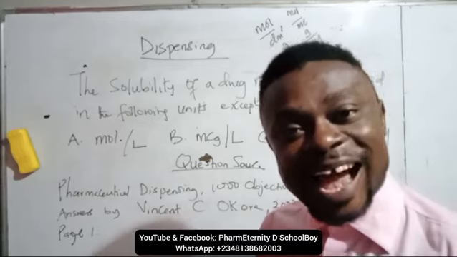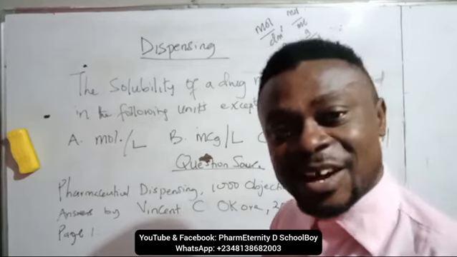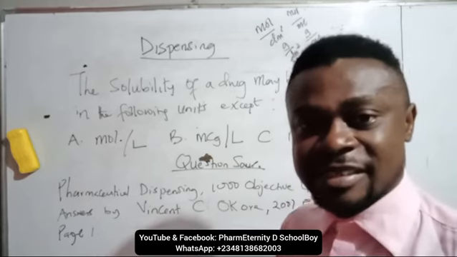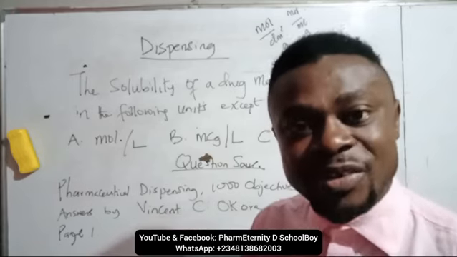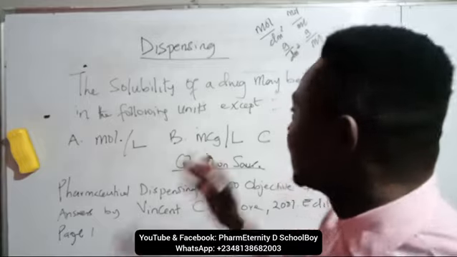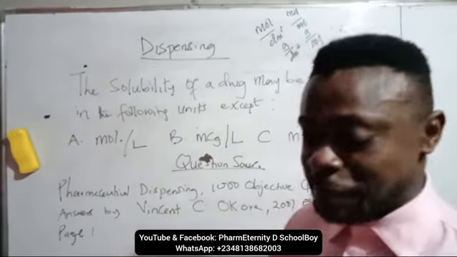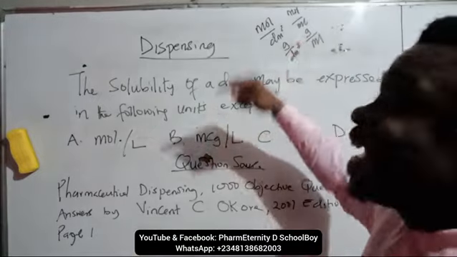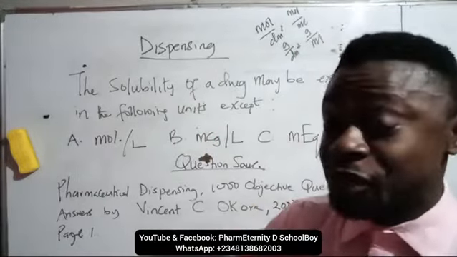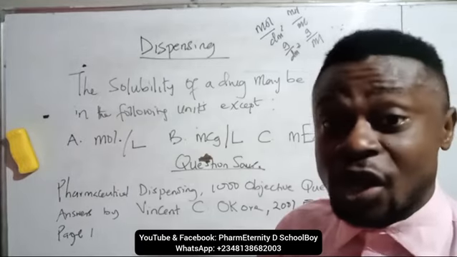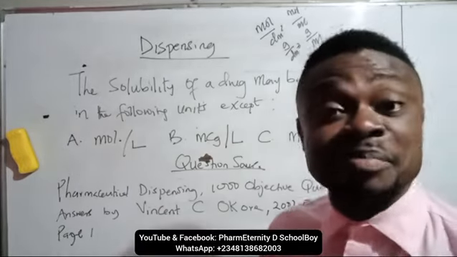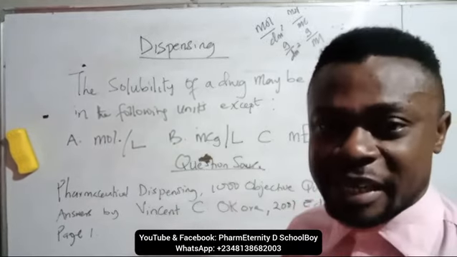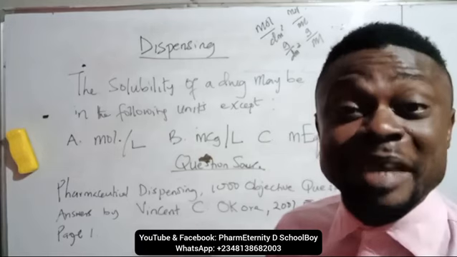So what it implies is that solubility and concentration are related when it comes to the units. It's just that solubility is at a particular temperature, and it must be in 1 ml or dm cube of the solvent, while concentration must not be in 1 ml.